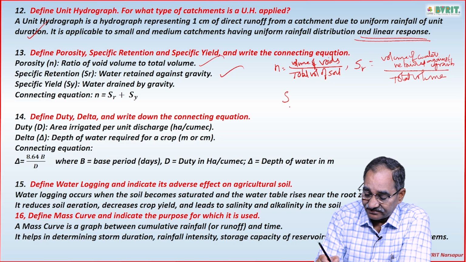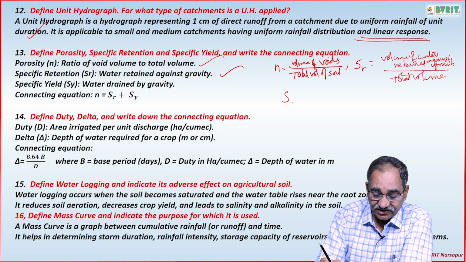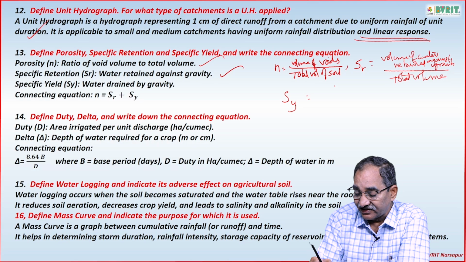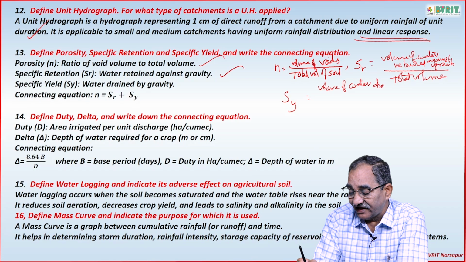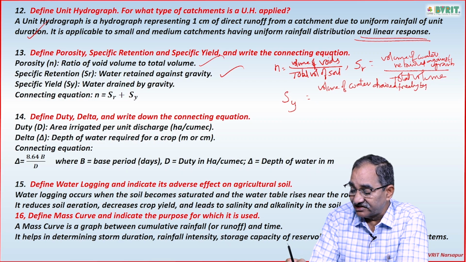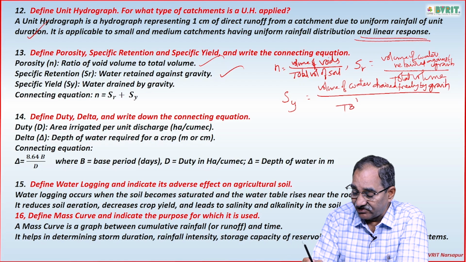Then specific yield, represented by Sy, is equal to volume of water drained freely by gravity divided by total volume.